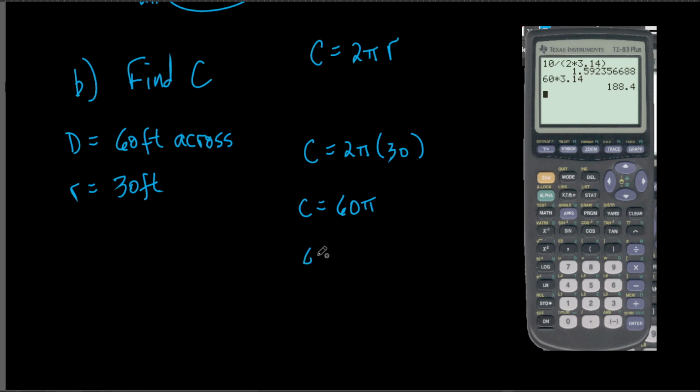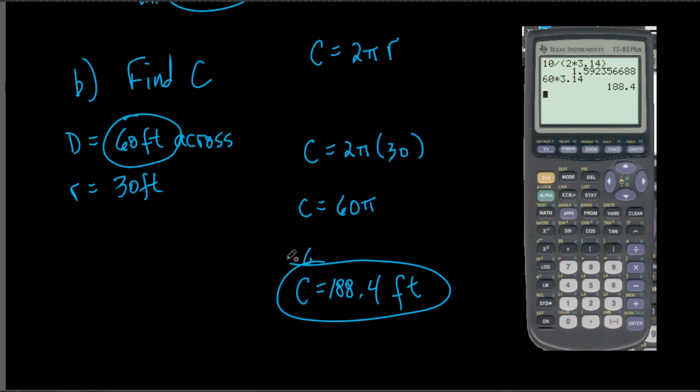So the circumference is 188.4. Now, it said 60 feet across, so our circumference is going to be in feet. Make sure you put the units, okay? It doesn't make any sense if you don't put the units. So that's how you find the circumference.